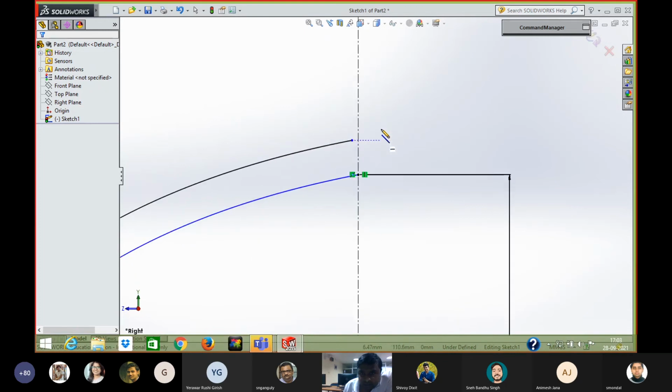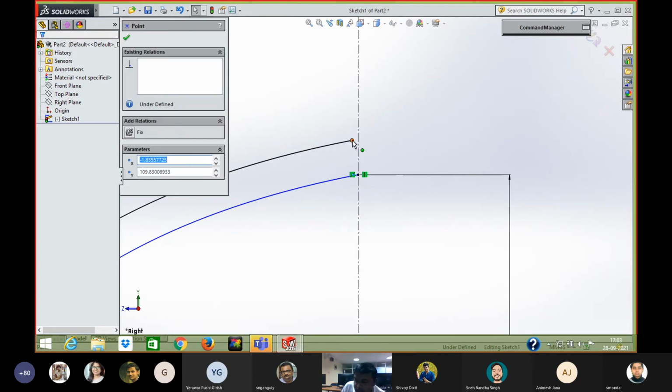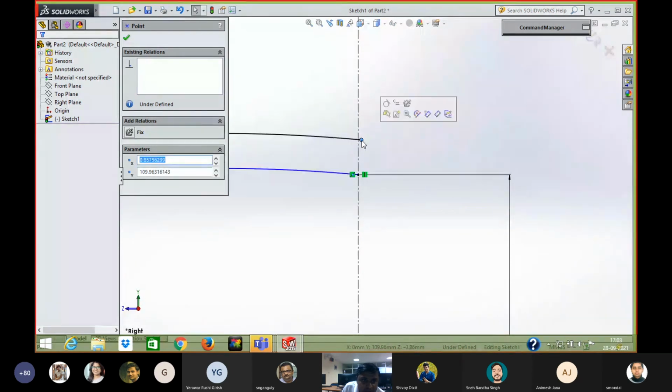Okay, here this portion is open. You just click on the left button and move it to get this on the center line. Oh, it's already selected, something is a problem.